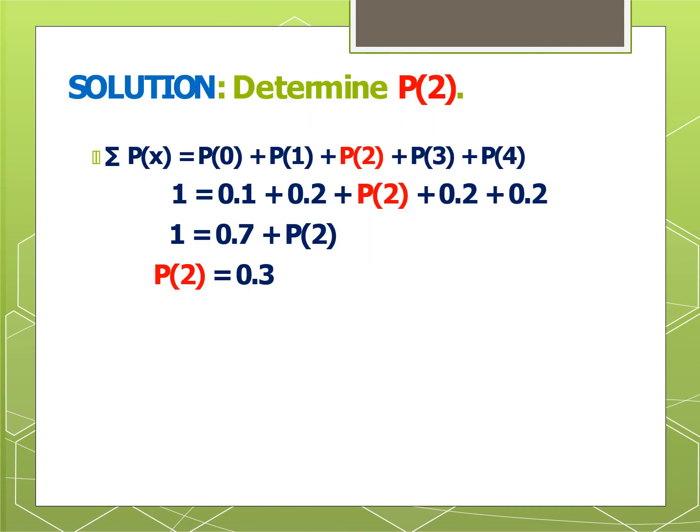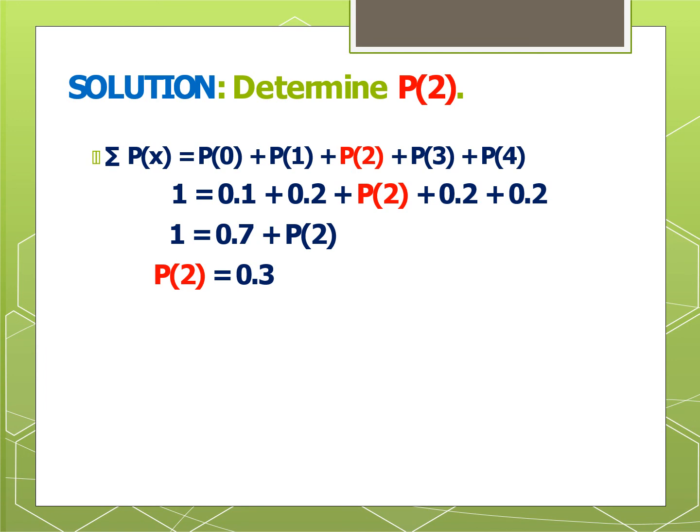We have the following solution. In determining the unknown, we will use the second property, in which we add all the given probabilities and it must be equal to 1. So we equate that to 1. The sum must be equal to 1 if that is equal to the corresponding probabilities.